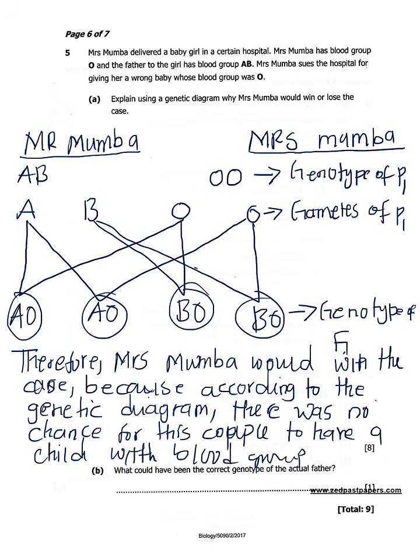Question B here: what could have been the correct genotype of the actual father? The key point is, we know that the mother has OO. So the father can have any blood group as long as there is at least one allele for O. So the father can be AO.